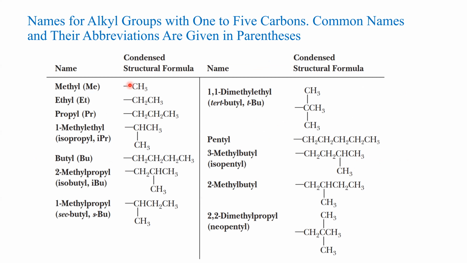If there is a methyl group, that is how we will write it. These are the different alkyl groups and their abbreviations you can use. If this is straight, this is a butyl. If there is a branch, you can use isobutyl, right? And this is the methylpropyl, so you can use the secondary butyl, because the carbon which is attached to the other functionality is attached with that substitution.